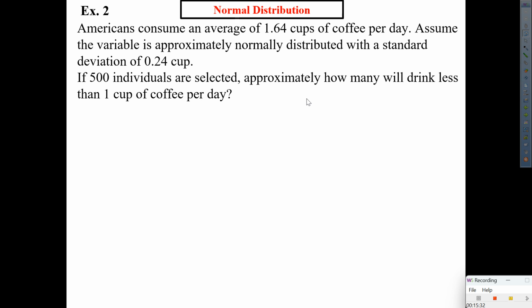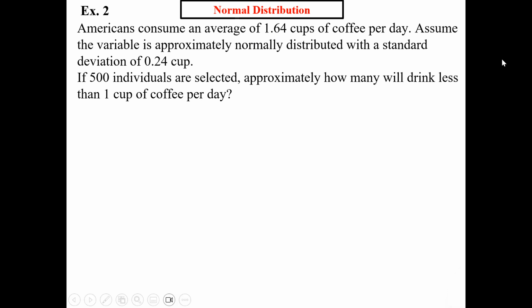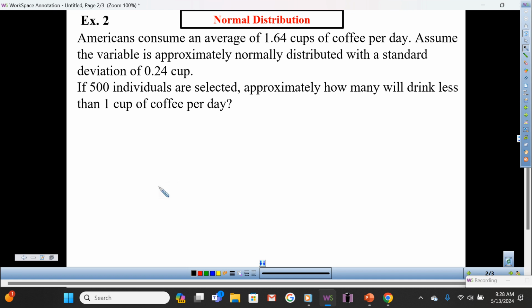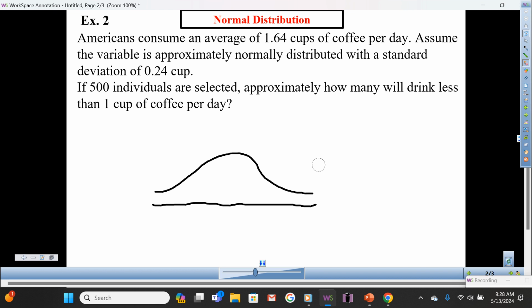All right, so this one don't copy, but on your screen, I want you to label what is what of that problem according to the normal distribution bell curve. According to our normal distribution curve, what is what? What are they giving us there?